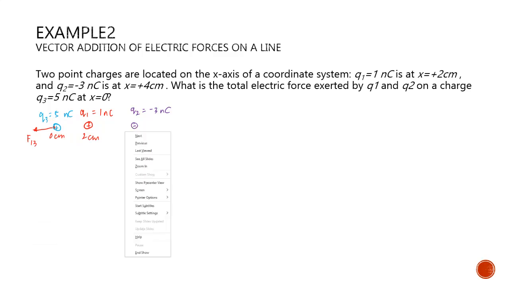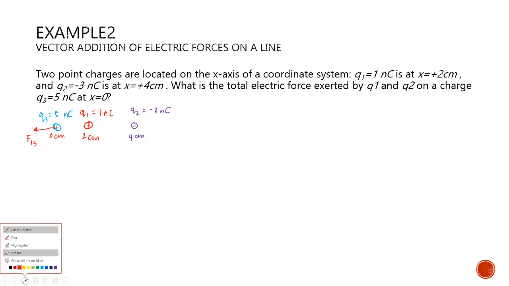So the arrow drawn from Q3 to represent the force acting on it caused by Q2 should be to the right, towards Q2, since it's attraction. Using the violet pen, this is the force that Q2 is exerting on Q3.